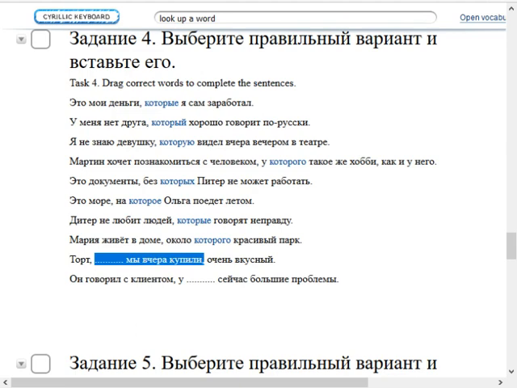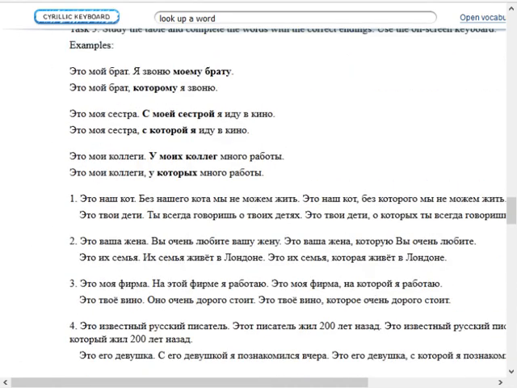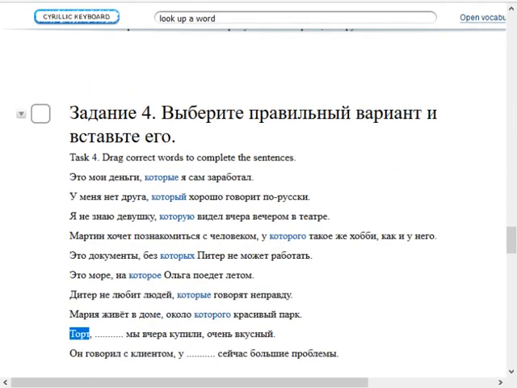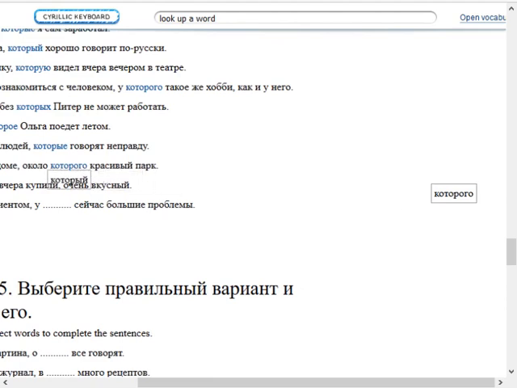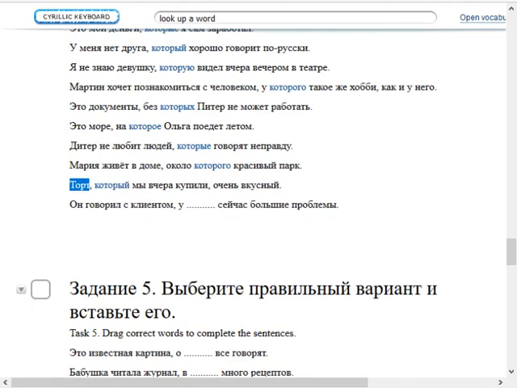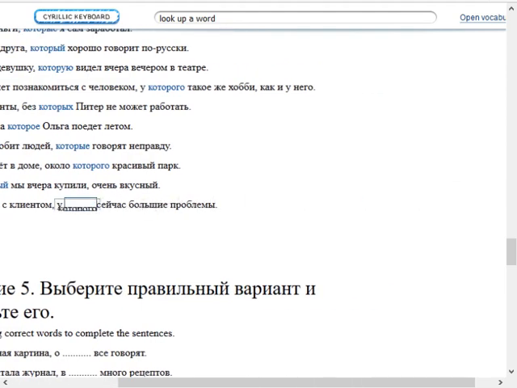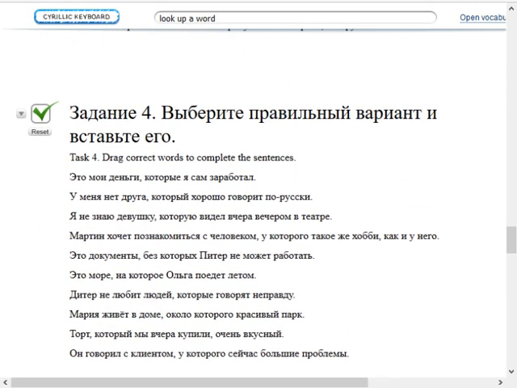And accusative distinguishes between animate and inanimate. Well, the cake is hopefully an inanimate object. I hope they didn't buy a living cake. That means we have accusative, masculine, inanimate, which gives us который. So let's plug this in there. And by process of elimination, since we just have one line left, we know that it must be this. And yes, it looks like we got everything correct.